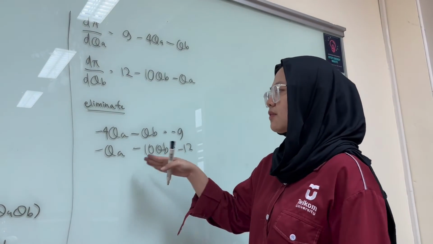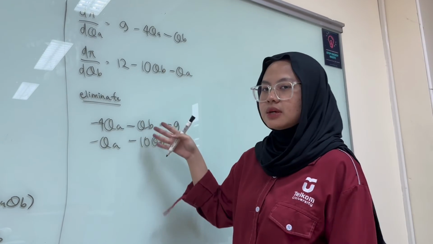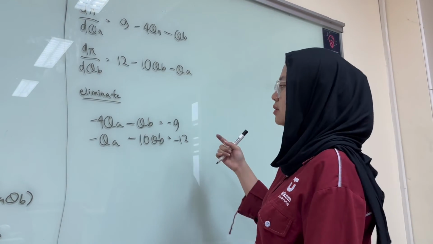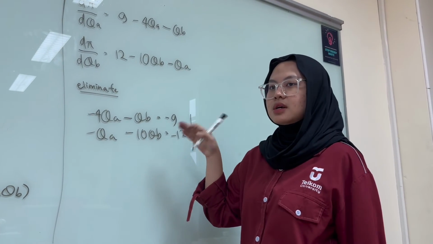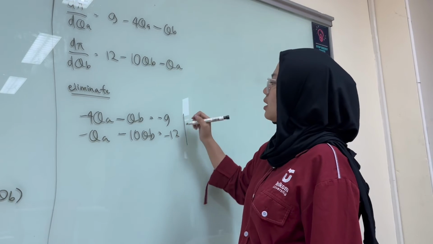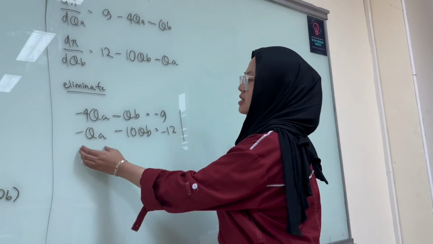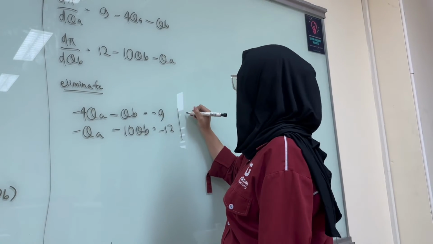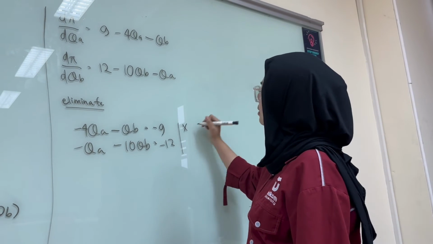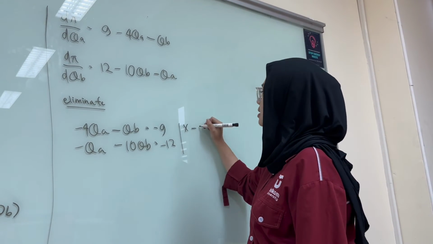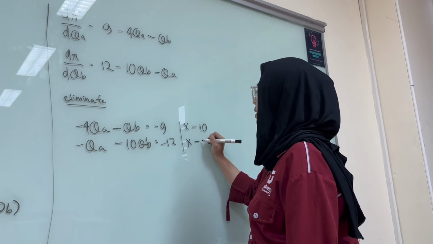Because we have to find the value of QA and QB, we have to make one of them equal to 0 when we deduct. So I will choose QB to be 0, and I will search for the value of QA. I will multiply this by 10 and multiply the other equation by minus 1.